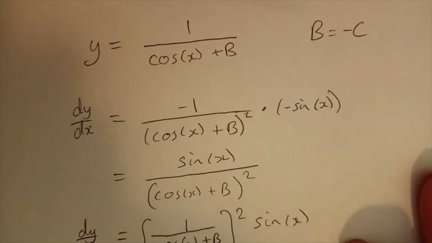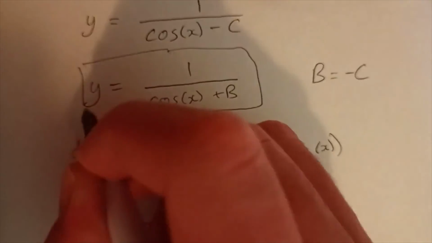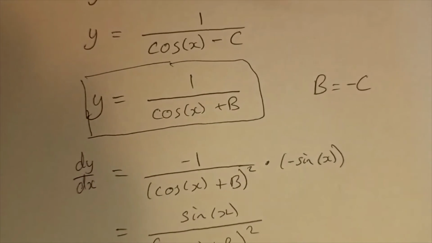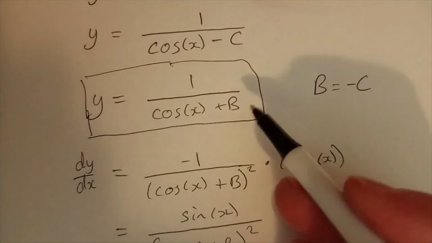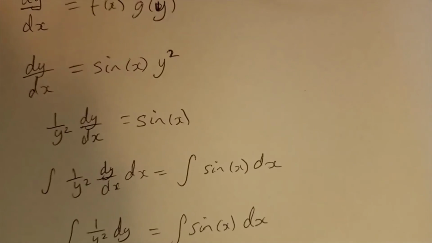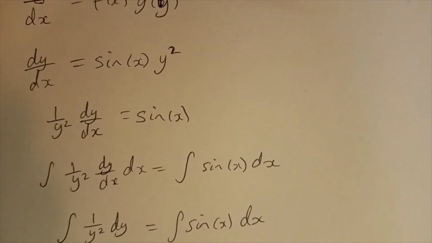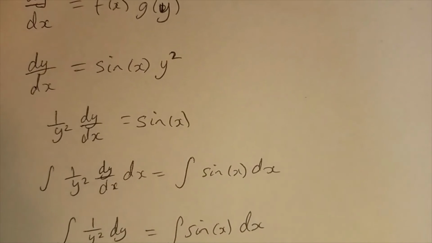So this solution here, y equals 1 over cos of x plus b, where b is some constant, is the solution for this differential equation. So that's the last example for this section.